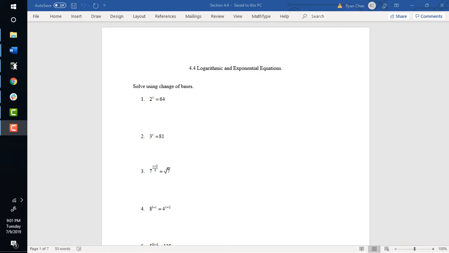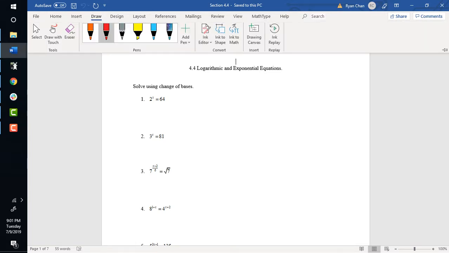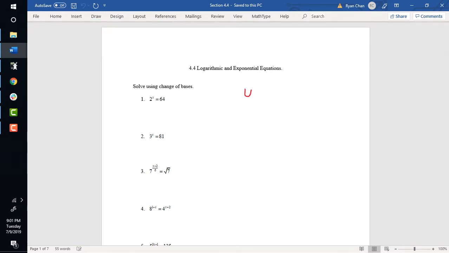So one way we can solve is what's called change of bases. If you remember back in section 4.2, we had this rule where if u to the a is equal to u to the b, that means a would be equal to b. Let me explain what that means.